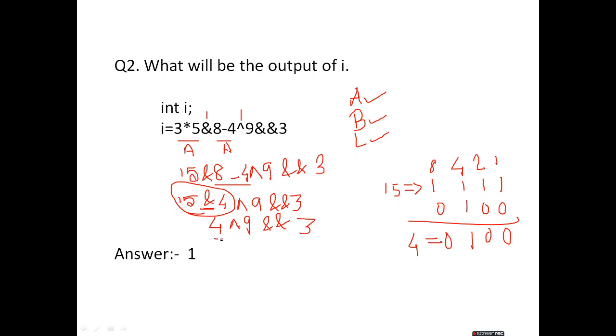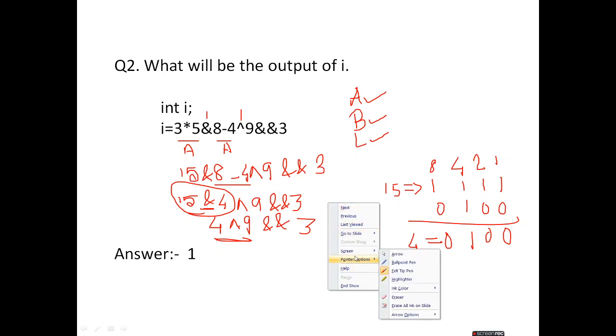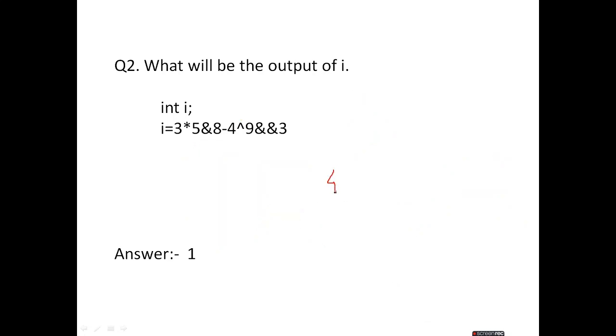The next operation we need to perform is the XOR, because the bitwise operator has more priority than the logical operator. So 4 XOR 9. For the bit places 1, 2, 4, 8, 4 is 1, 0, 0 and 0, and 9 is 1, 0, 0 and 1.